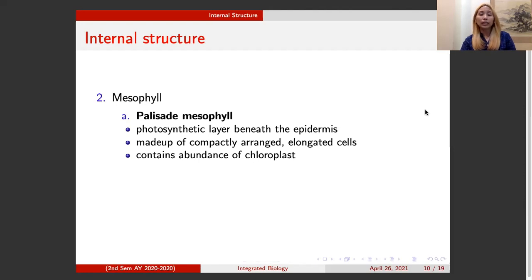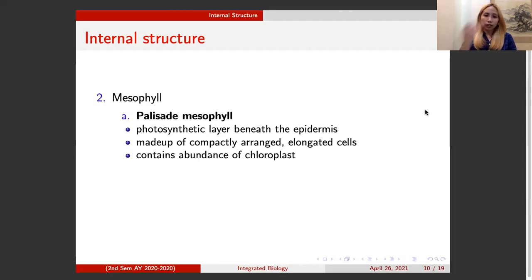So starting with the palisade mesophyll, this is an area that is highly photosynthetic. You will normally find palisade layers arranged beneath the upper epidermal layer.